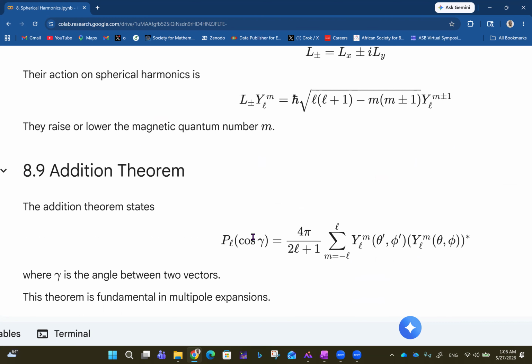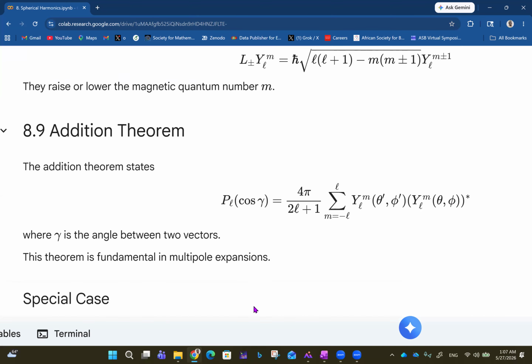So the addition theorem states that P_L of cos gamma is equal to 4 pi over 2L plus 1, summation from M equals minus L to L of Y_LM(theta prime, phi prime) Y_LM star (theta, phi), where gamma is the angle between two vectors. This theorem is fundamental to multipole expansions.